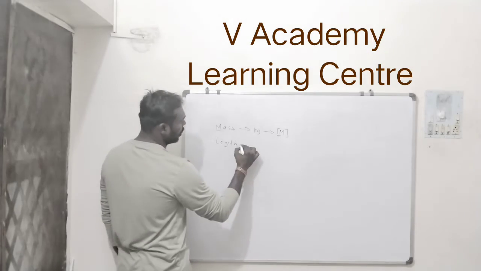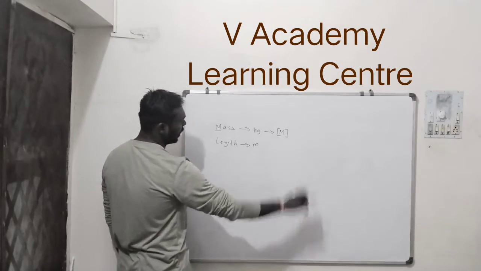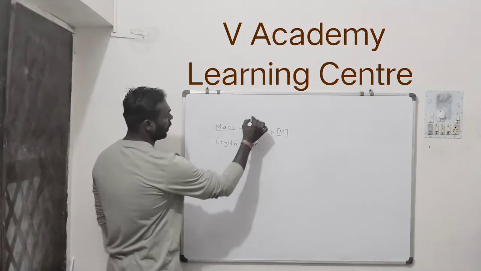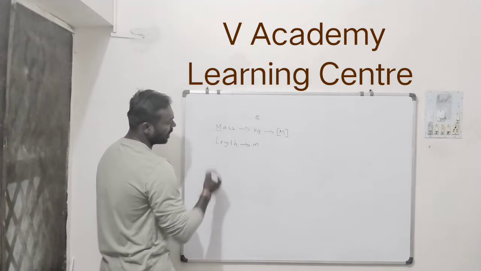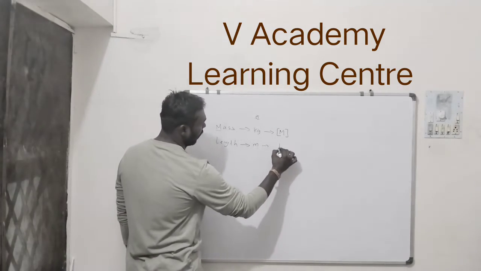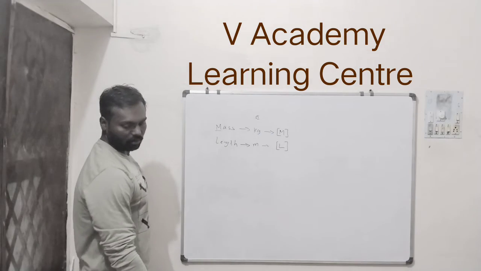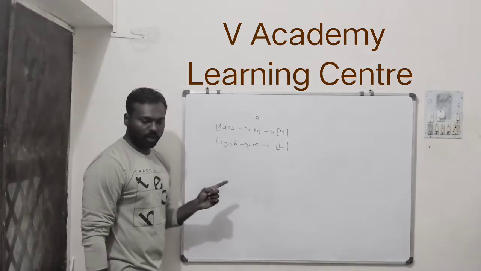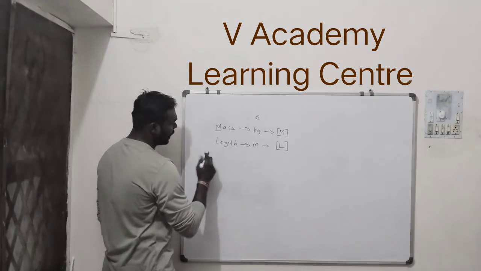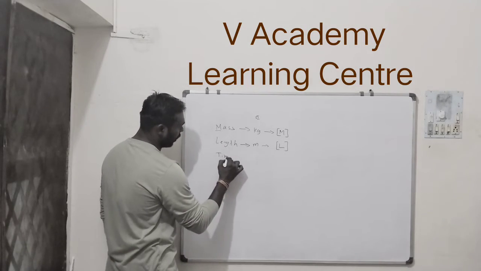Next, length. In general we take SI units, meter. What is the first letter there? L. L is the dimension for length. Perfect. So mass, length. Next we go with time.